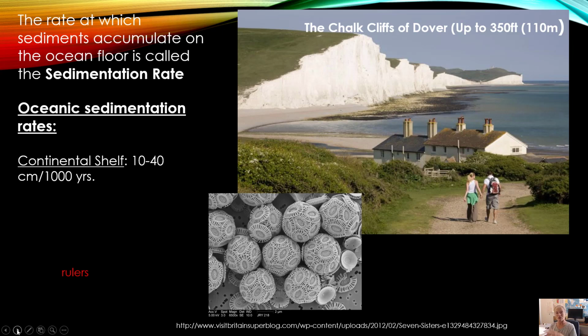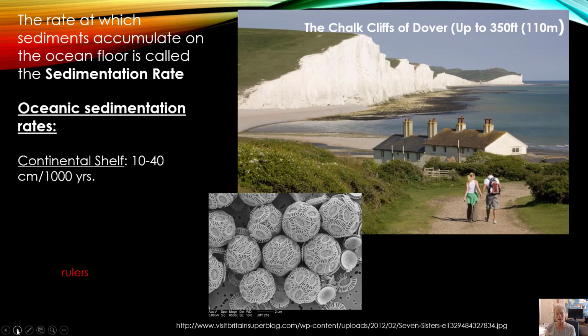So I have these pictures here of the White Cliffs of Dover. The White Cliffs of Dover are chalk, and they're made up almost entirely of coccolithophores. And I told you coccolithophores are about 5 micrometers big. And that's about 350 feet of them. Of course, that used to be underwater. That was part of the continental shelf.